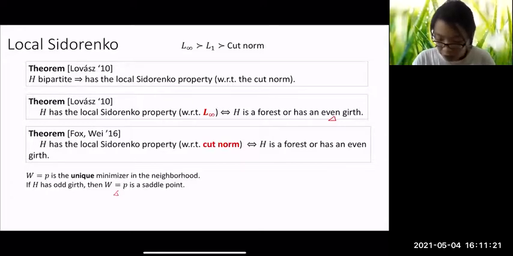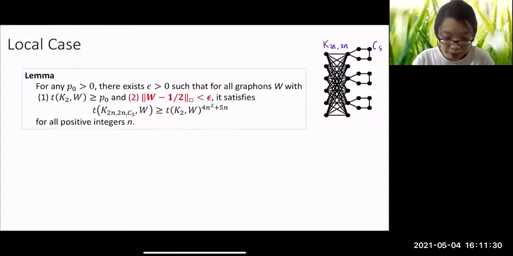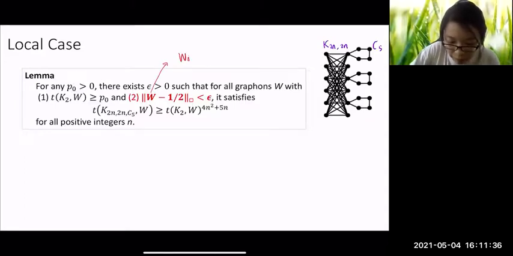Okay, so now it basically says if a graph has even girth, then it's locally Sidorenko. So now it makes sense for us to talk about the local case. So when we say the local case, for W now, let's consider W to be one of the particular color classes W_i. So say it's the red one.